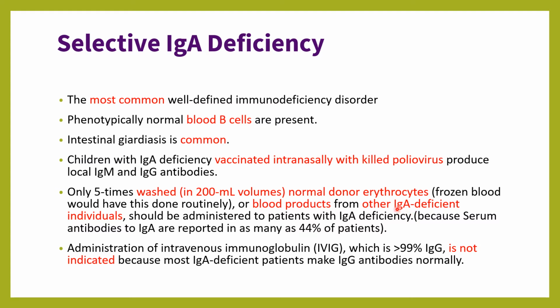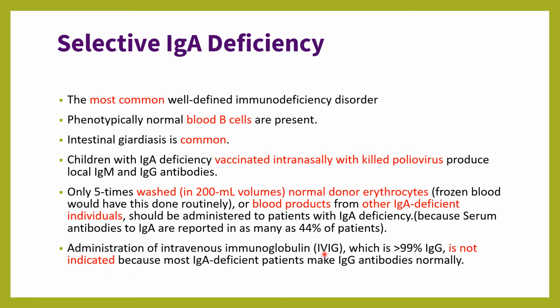In these conditions, we can transfuse this blood to the IgA deficient patient. Why? Because in selective IgA deficiency, in 44% of the patients, there are antibodies to IgA. Okay, so that's why we cannot transfuse just any blood to these patients.